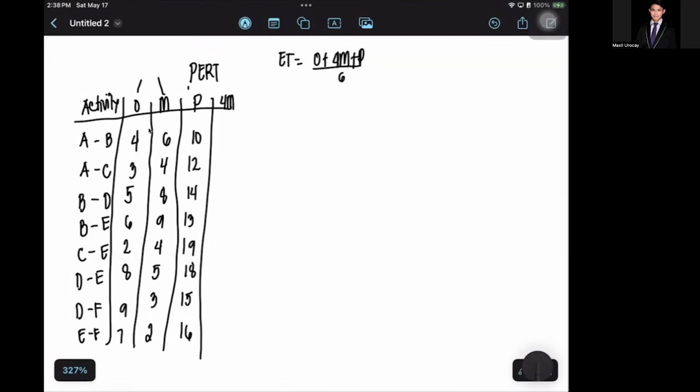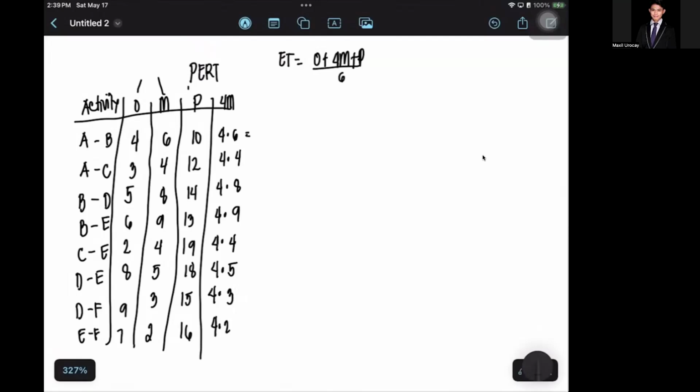For this one, since you will calculate the 4M, it is 4 times 6, then 4 times 4, then 4 times 8, then 4 times 9, 4 times 4, 4 times 5, 4 times 3, and 4 times 2.